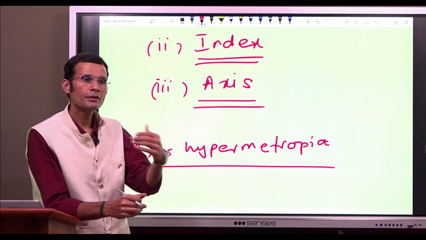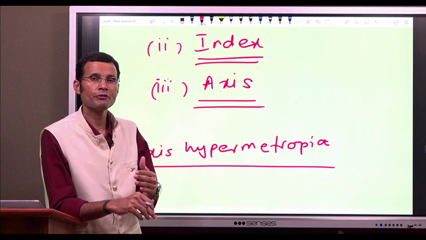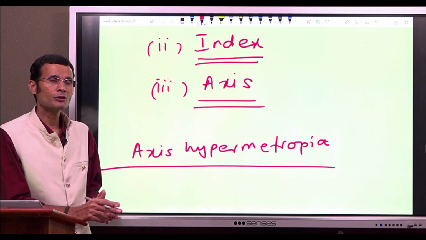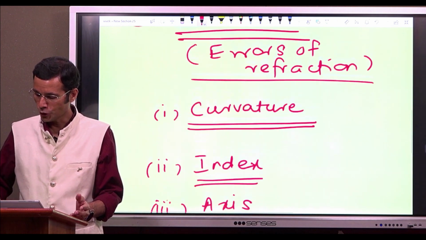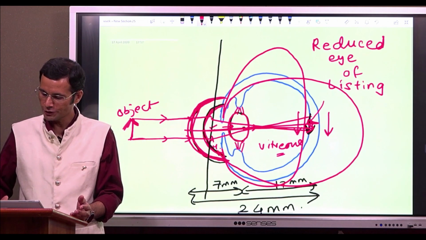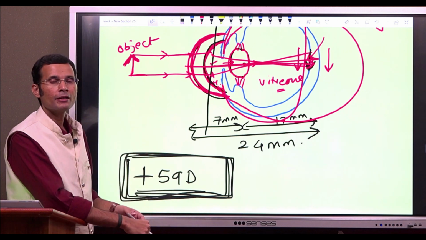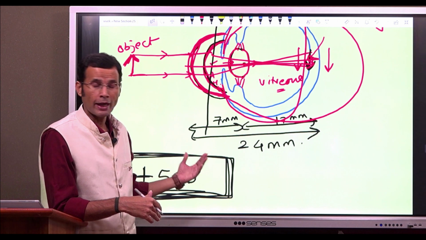So in the next video, we will discuss the errors of refraction: myopia, hypermetropia, presbyopia, astigmatism, and so on. But that was a very short topic related to vision, the reduced eye simplistic model, and the errors of refraction and their types.